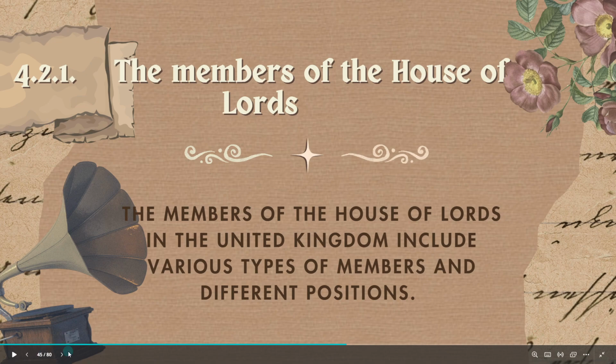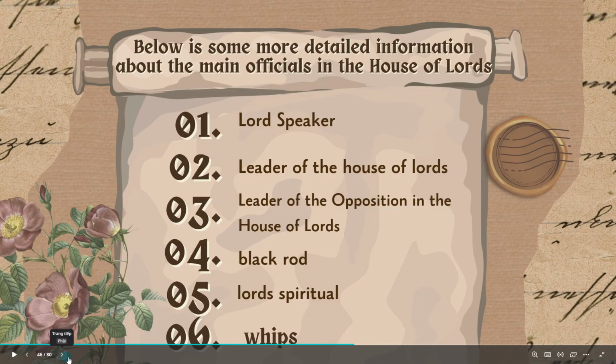One, the Lord Speaker, two, the Leader of the House of Lords, three, the Leader of the Opposition in the House of Lords, four, Black Rod, five, the Lords Spiritual, and six, whips.